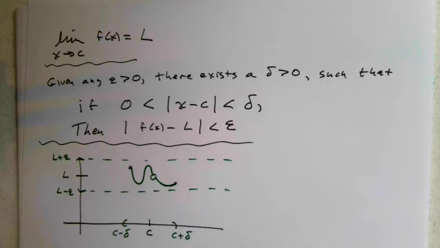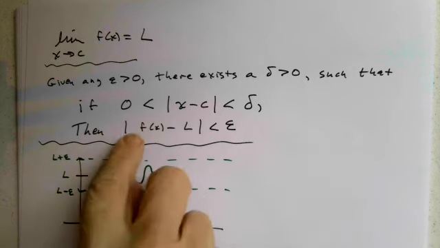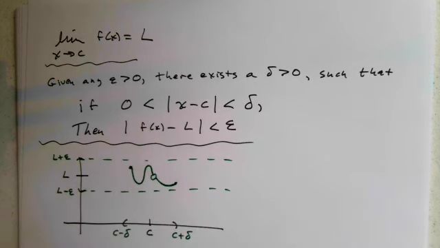Now, how do we use it to prove it? Well, we start with that first line. We start with absolute f of x minus L less than epsilon being our analysis. And then we use that analysis to write our proof. So here's our goal.